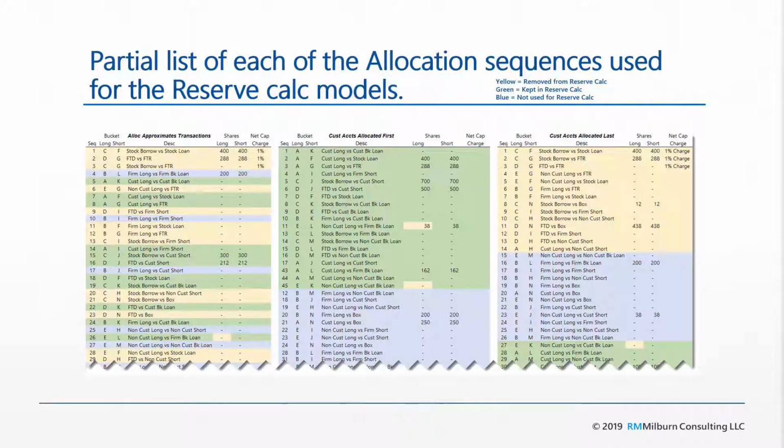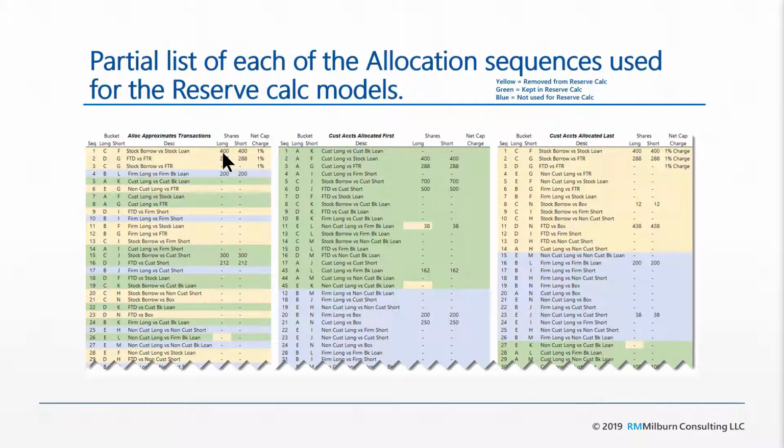This slide shows 3 different models that we could use. The first one is what we saw on the last slide, and one thing I want to point out, the allocation process is this. You start off with the left bucket and compare it to the right bucket. You look for, do you have any shares in the left bucket?